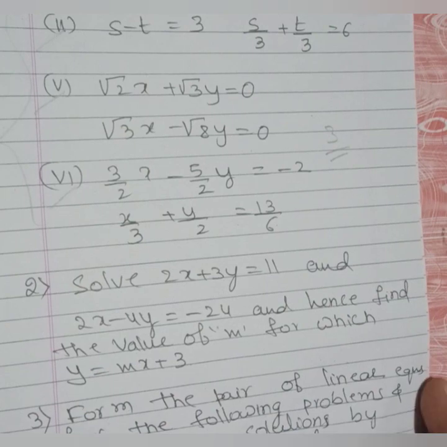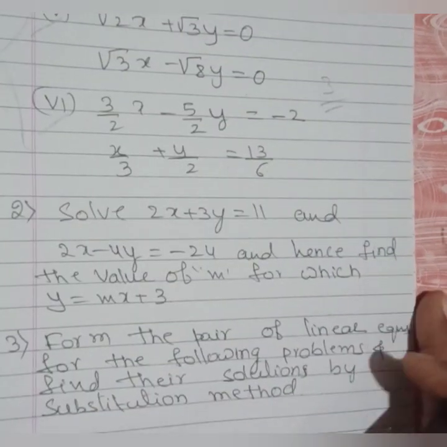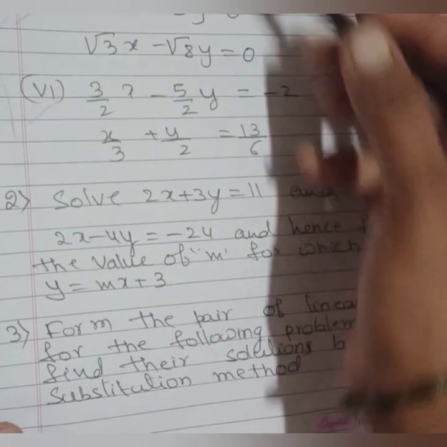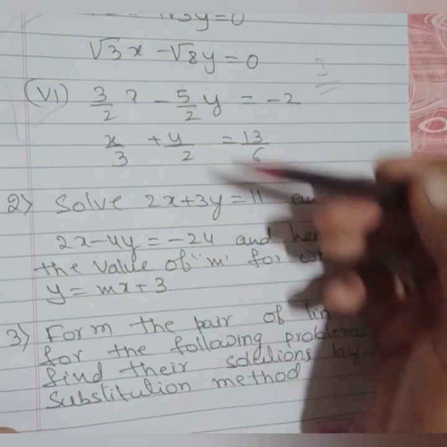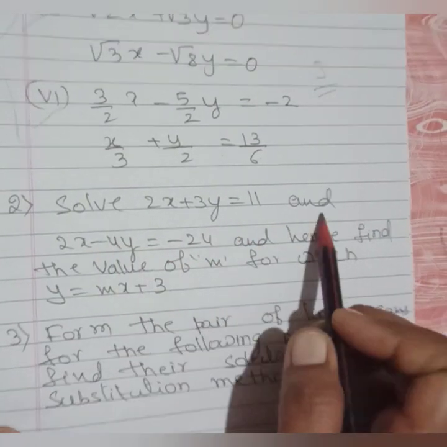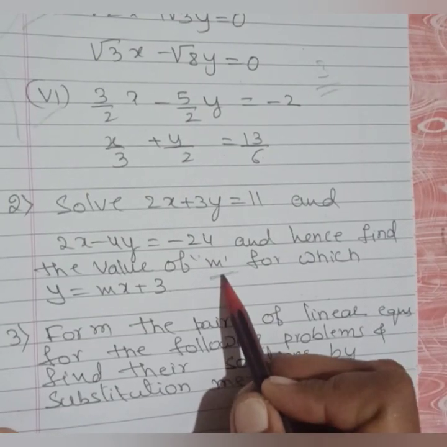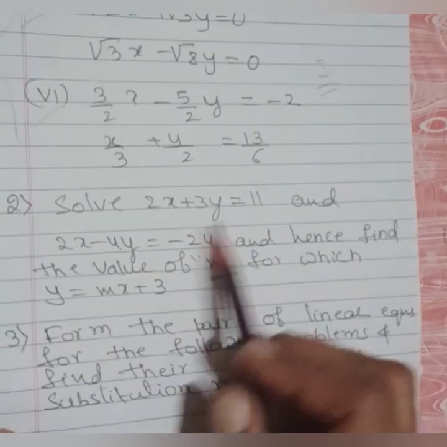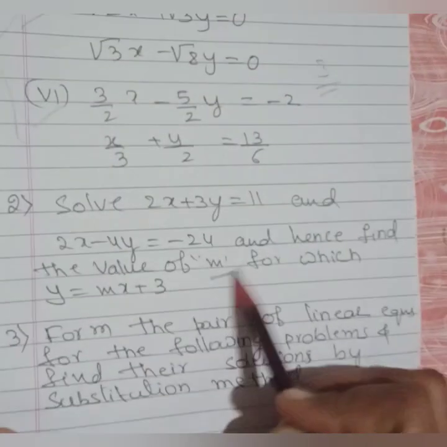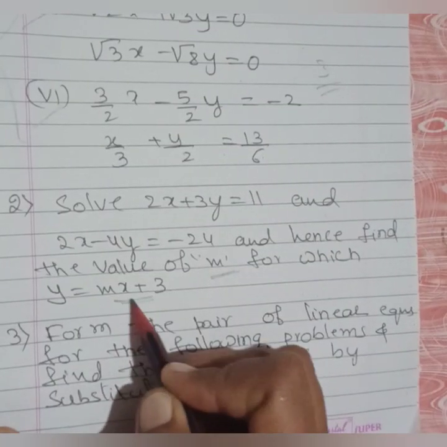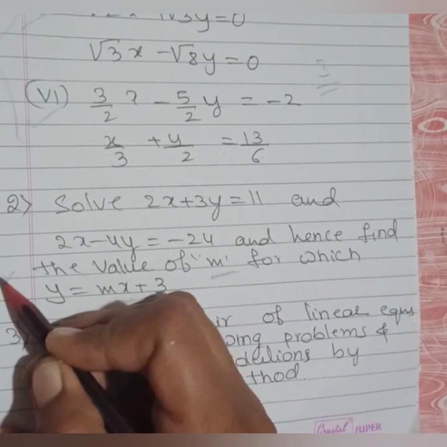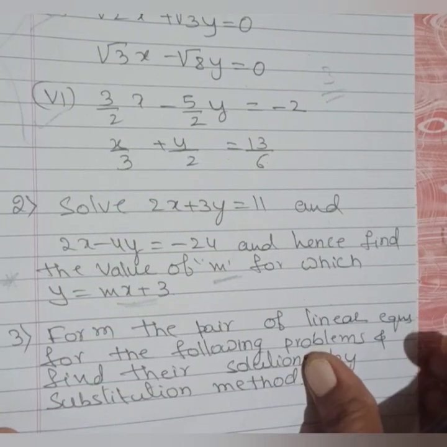So without fail, practice these sums, and give importance to the sums which I have marked here. Then, solve this equation and hence find the value of m. This is also important. Solve the equations you are given and hence find the value of m for which y equals mx plus 3. There is a chance of getting this for 3 marks, so practice this one.